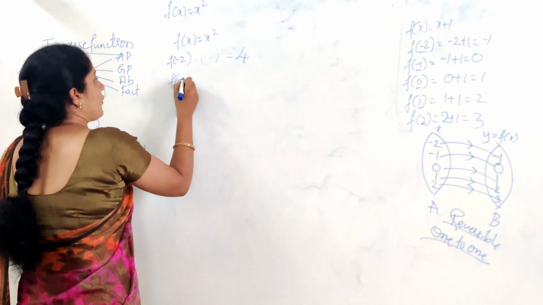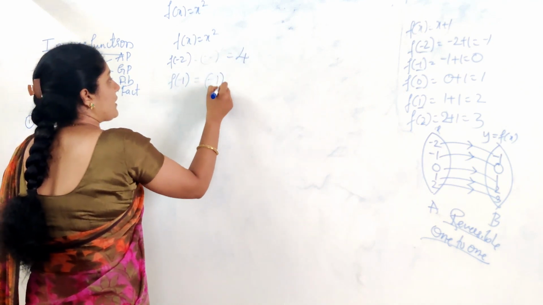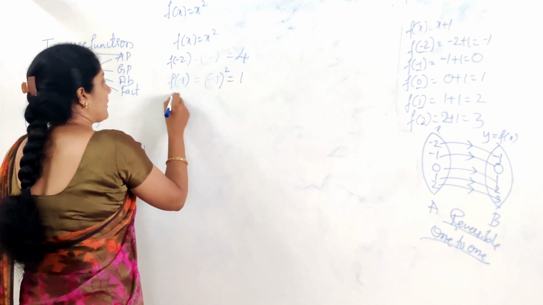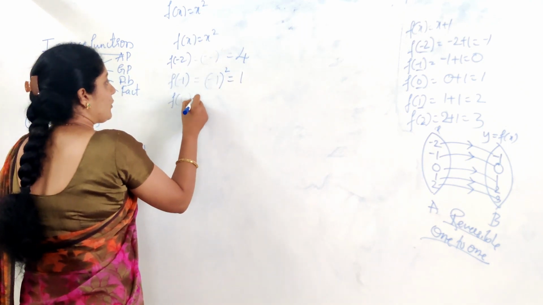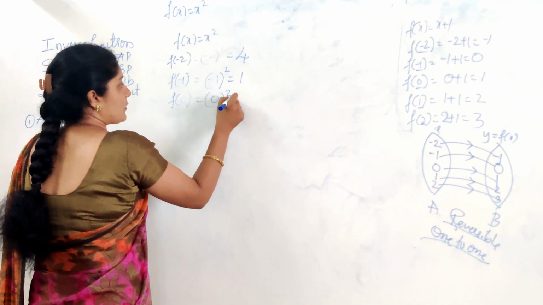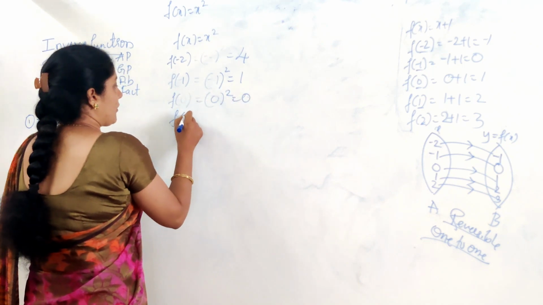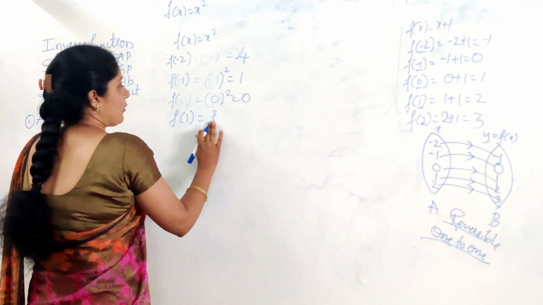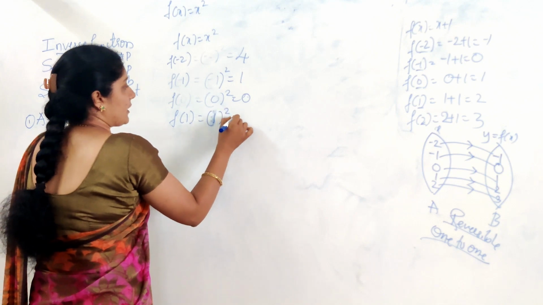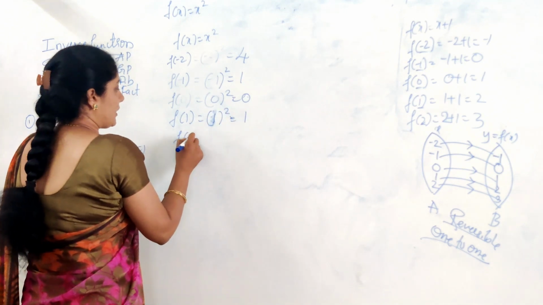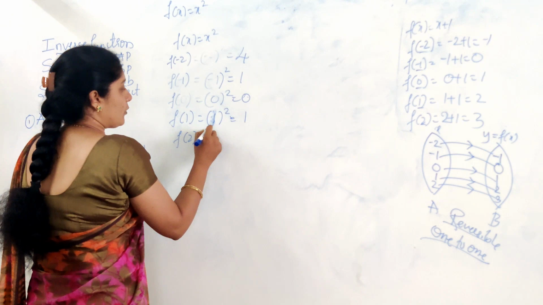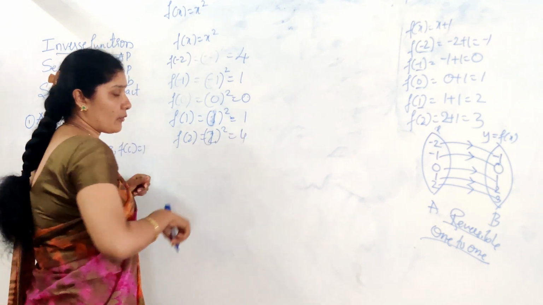Next, f of -1 will be -1 whole square, that is 1. f of 0 will be 0 whole square, that is 0. f of 1 is 1 whole square, that is 1. And f of 2 is 2 whole square, and that is 4.